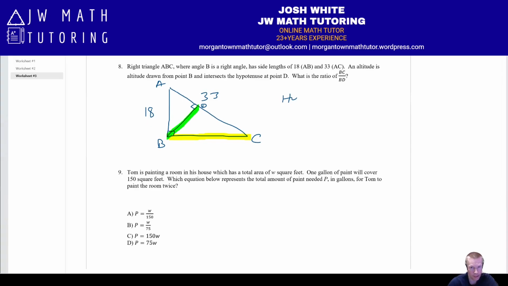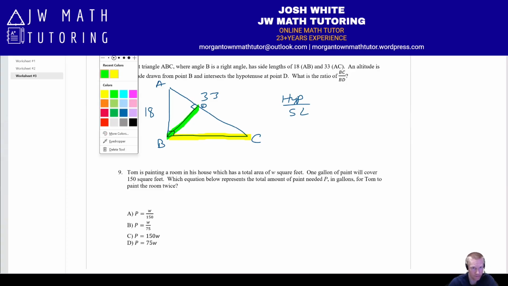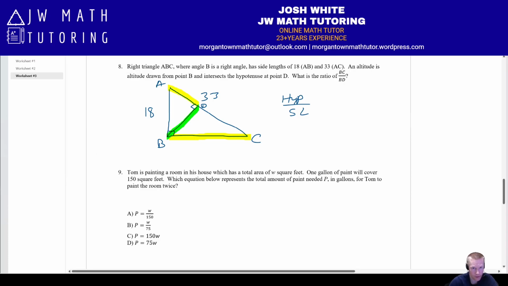So it's basically like hypotenuse over what looks like shorter leg based on my picture. If you look at the large overall triangle, 33 is the hypotenuse. So because, again, these triangles are similar, the corresponding parts are proportional, which means that they match up. So BC is the hypotenuse.